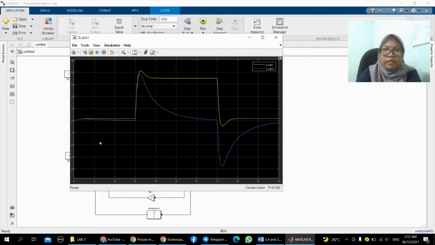As you can see, the yellow line is for the load when K is equal to 0, and the blue line is for load 1 when K equals 5.